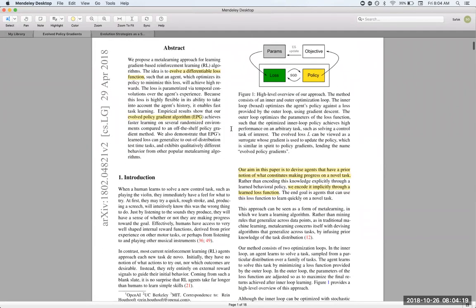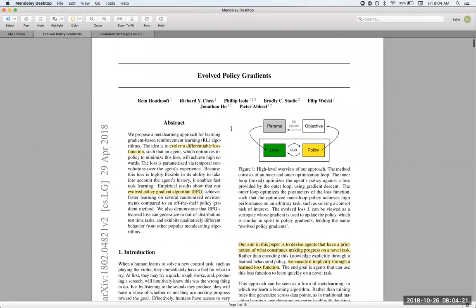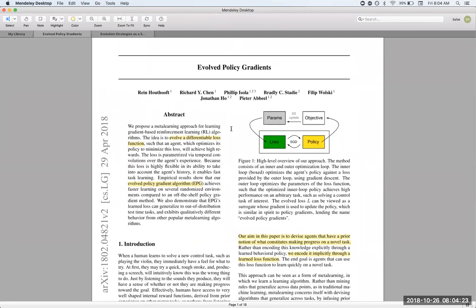So, let's start. The paper Evolved Policy Gradients. They present a new approach to the standard policy gradient method by designing another loss function that trains the policy gradients, and they go back and forth inside two loops.